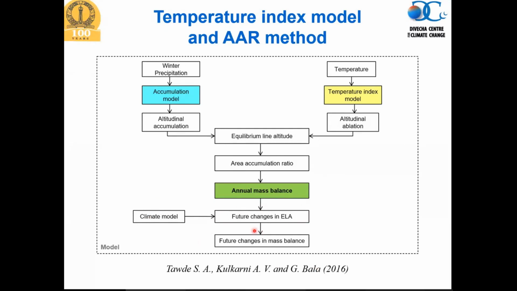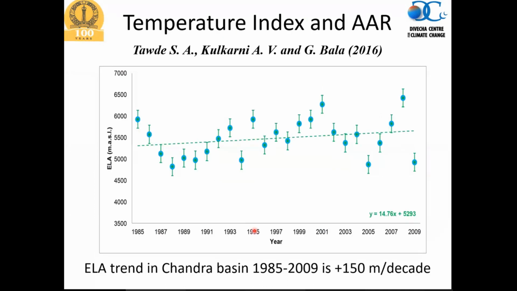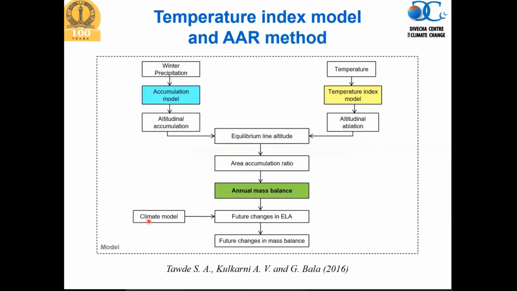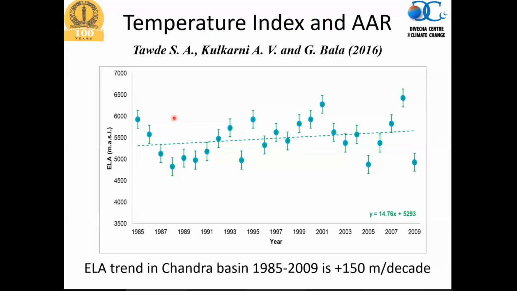So this is a much better method to do it now, and I'm sure some of you will do an exercise on that. The advantage of this method is that it is predominantly based upon temperature and precipitation, and satellite data is used for validation purposes.